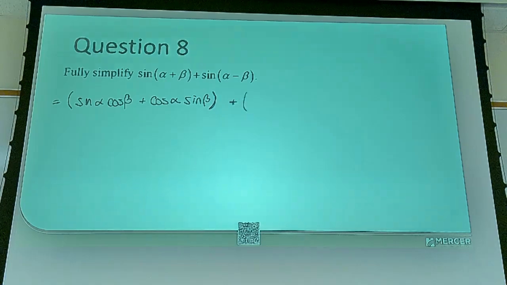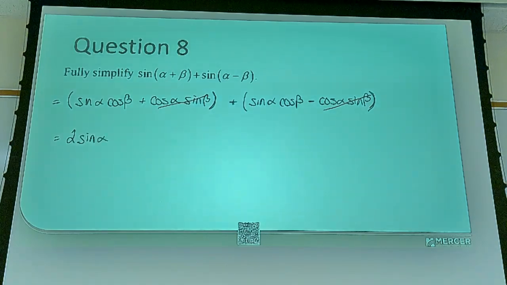Plus, and we know what sine of alpha minus beta is. And again, you notice, look, cosine of alpha sine of beta minus cosine of alpha sine of beta. They add out to 0. And we're left with 2 sine of alpha cosine of beta.